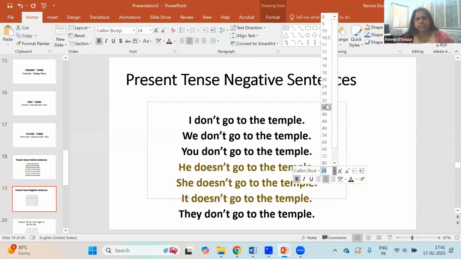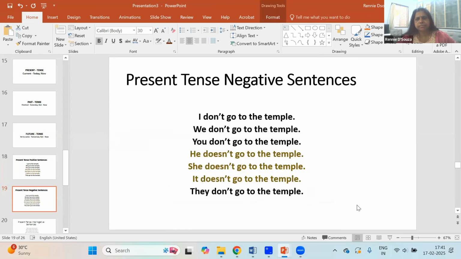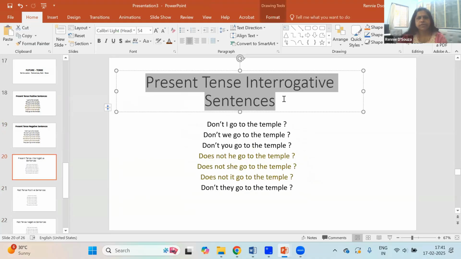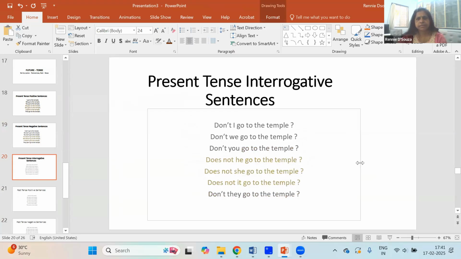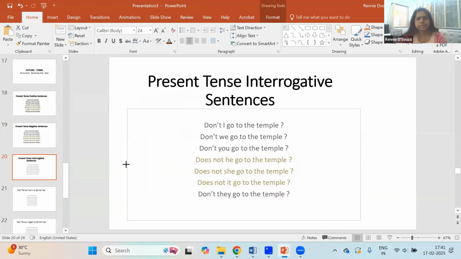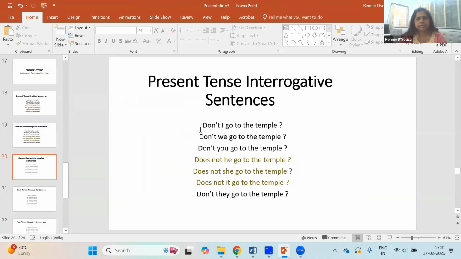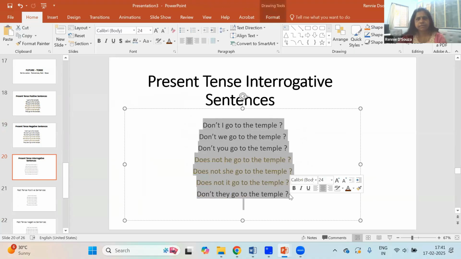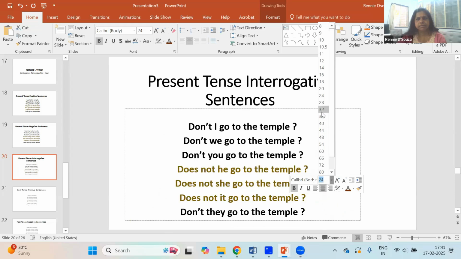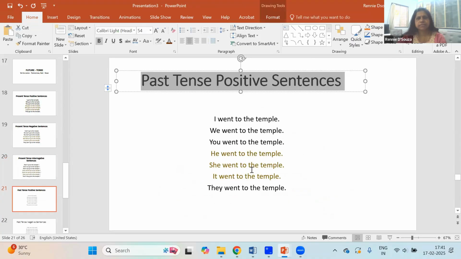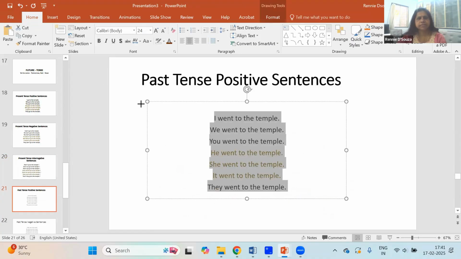And this change happens in the present tense positive sentence only for the third person singular. Now if we go to the present tense interrogative, we are using the helping verb do. So do comes first, do and not. When adding both together, don't I go to the temple, don't we go to the temple, and we add a question mark at the end of the sentence.